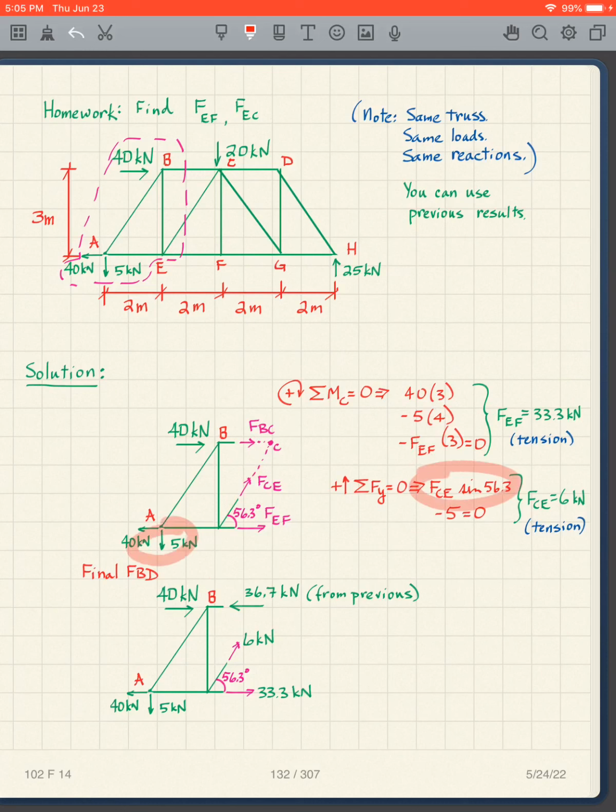So FCE sine 56.3 upward minus 5 because it's downward equals 0. I get FCE 6 kilonewtons. So this we got from the previous, so I didn't have to redo it. And there is my final free body diagram. Both of these are positive, so they're both tension, going away from the node.